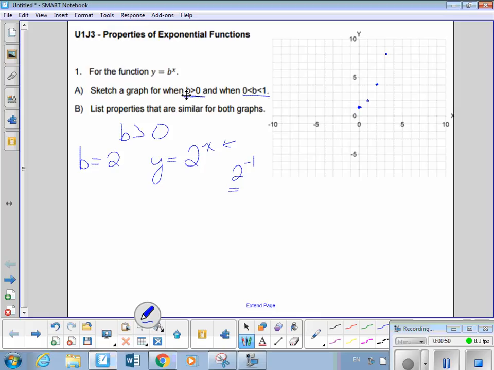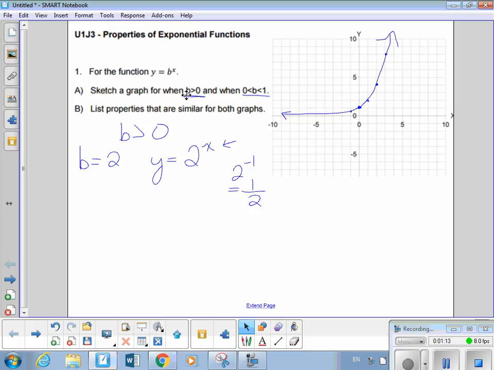Remember, a negative exponent reciprocates the base. So we have a half. And if we kept doing that, we know that it would creep along the x-axis. It would never touch it. Okay, so not too much difficulty when b is greater than 0.